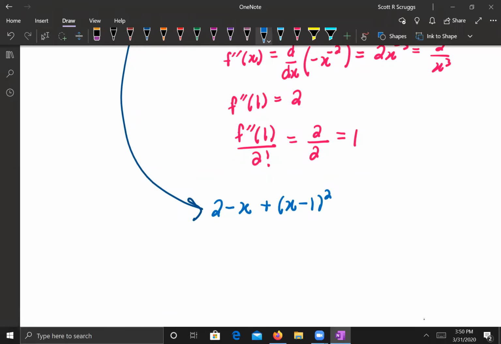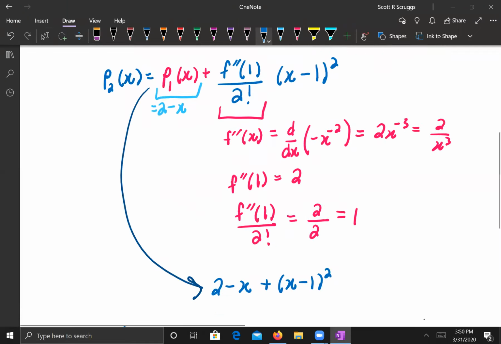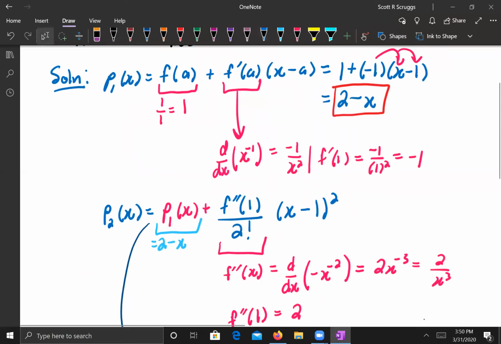Alrighty. And with that, let's go ahead and figure out how good our approximation is at 1.05. So when you plug in 1.05 to the first order Taylor polynomial, which we now know to be 2 minus x, what value did y'all get?